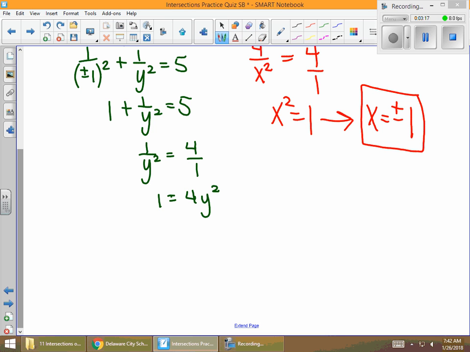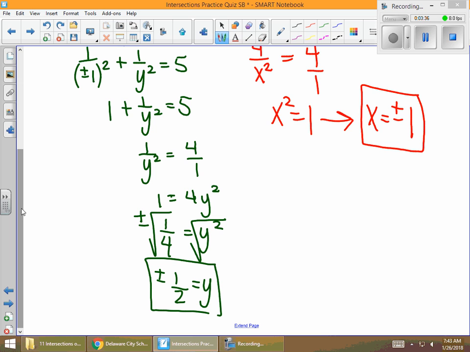Divide both sides by 4, so you have 1/4 is y squared. And then again, we're going to take the square root of both sides, forcing that plus and minus. Square root of 1 is 1. Square root of 4 is 2, and we need to bring that plus and minus with it. So if we put 1 in, we get positive and negative 1/2 out.